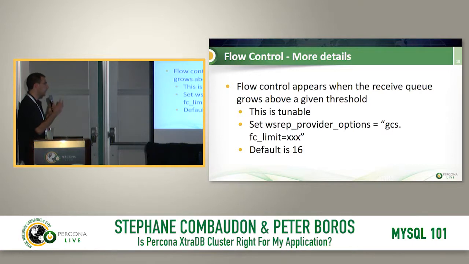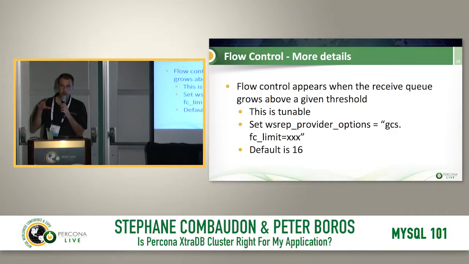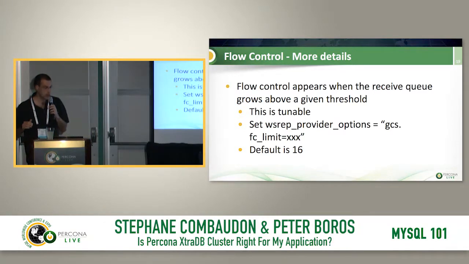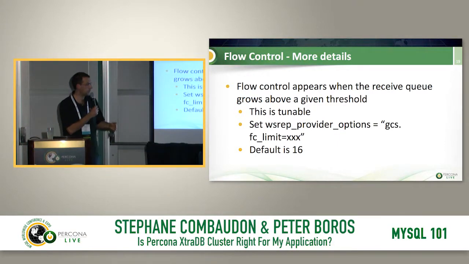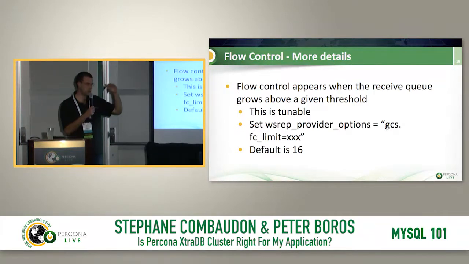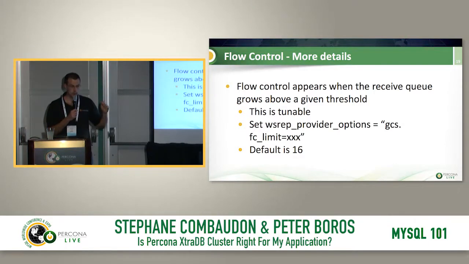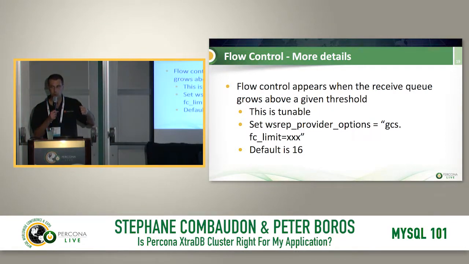So a few more details about flow control. Flow control appears when the receive queue of one node grows too large. Peter will get into the details of how replication works with Galera, but just to give you an overview, basically, when a node commits a transaction, the transaction will go to a receive queue for the remote nodes.